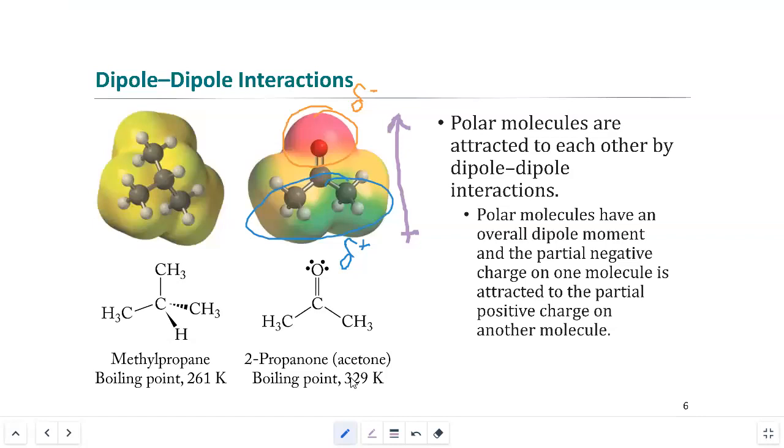The convention here, again, the positive tail of that arrow is pointing to the positive end of the molecule. The head of the arrow is pointing to the negative side of the molecule itself. So this is another way of showing a dipole moment.